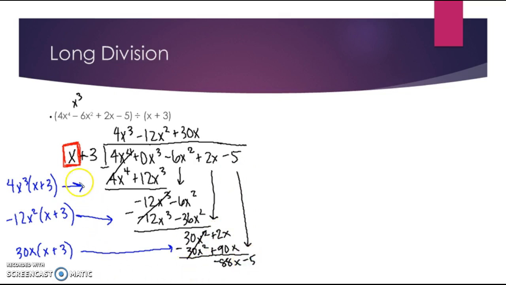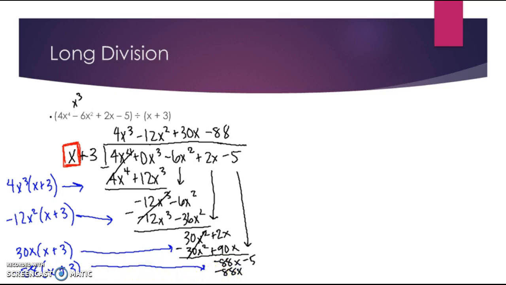And we do it one last time. So x times negative 88 gives me this negative 88x. So then we do negative 88 times x plus 3 to get my last line down here. So negative 88 times x is negative 88x. All right.